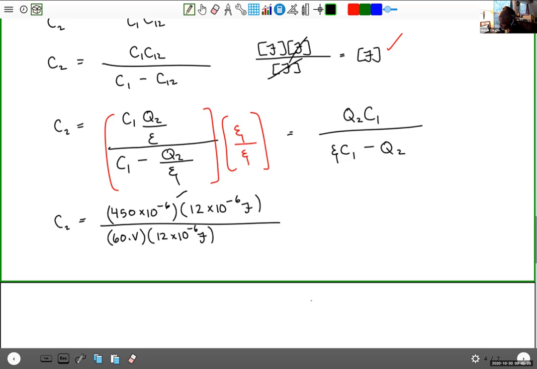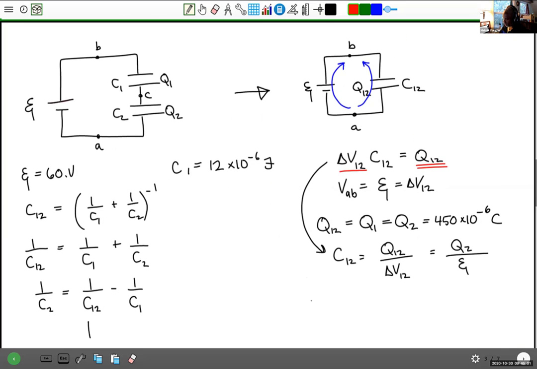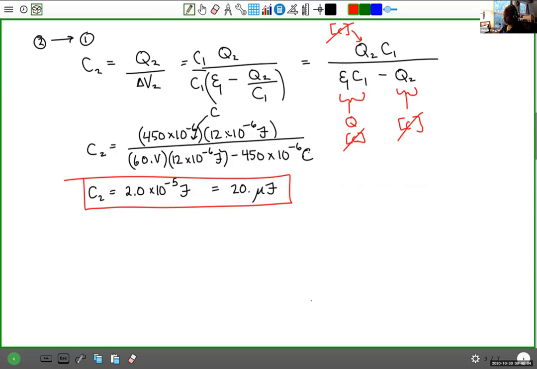It looks like I forgot to put my units of coulombs up in the numerator, so let me insert that. And then this is minus the charge on capacitor 2, which is 450 microcoulombs. When we plug this into our calculator, we get 20 microfarads. And notice, this is the exact same result that we got up here by approaching this circuit in a different way.